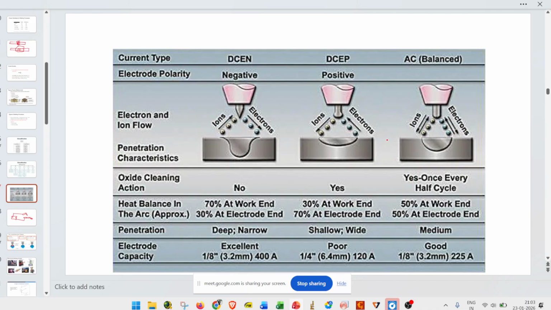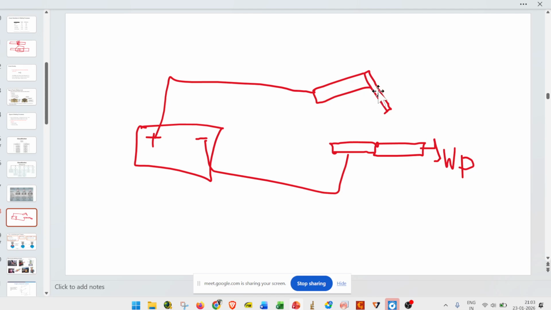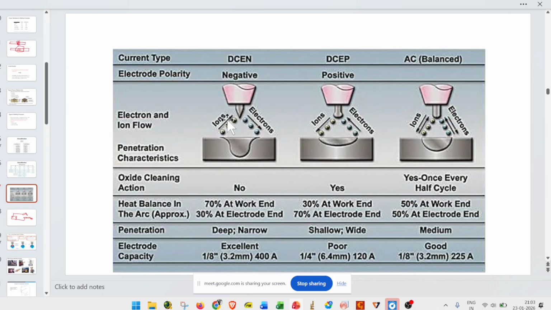Based on that, we can classify them in three ways. One is DCEN, that means DC current, electrode negative. Here I am connecting the electrode to the negative terminal and the workpiece to the positive terminal. What we observe is that if I connect the negative terminal to the electrode, electrons move from the negative to the positive side.